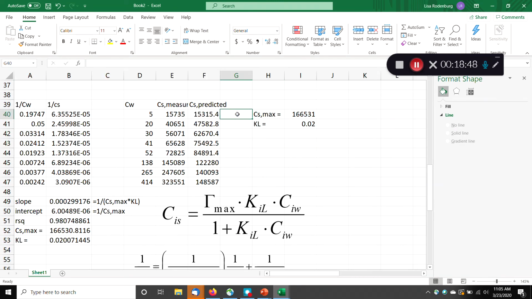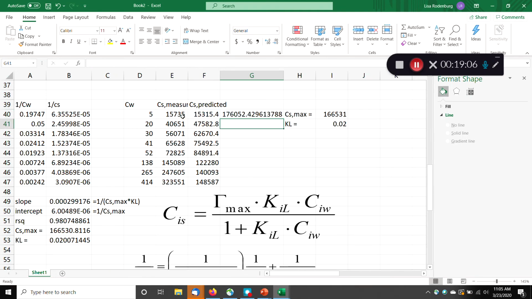We could calculate our squared residual. Our residual is the difference between our prediction and our model, and then square it. It doesn't matter whether you do predicted minus measured or measured minus predicted because you're squaring it. So these are our squared residuals.